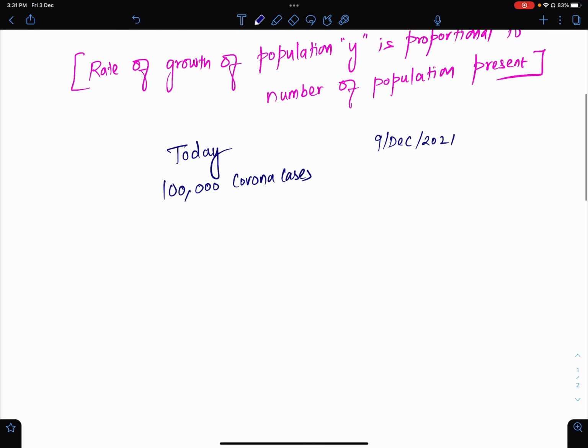In the same manner, we can predict the population of a country.